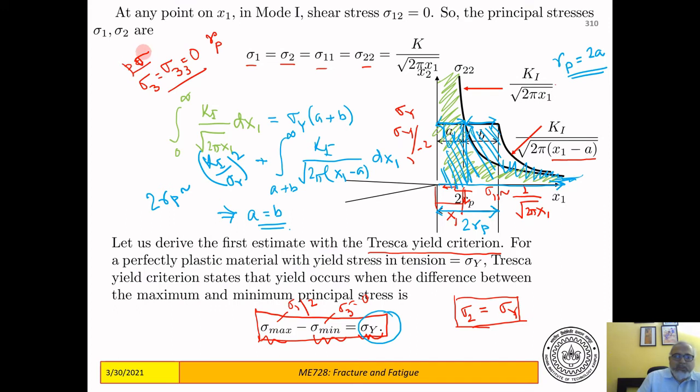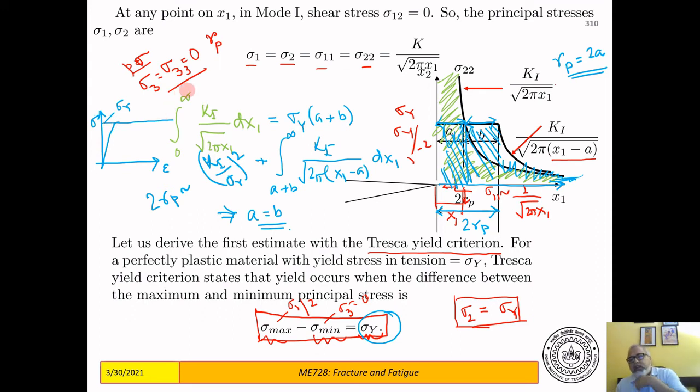To clarify it a little bit more, if you look at the stress strain curve of a perfectly plastic material, it has an elastic part, and then it has a perfectly flat stress strain curve, where the stress is equal to sigma y. Any stress state above sigma y is inaccessible to this material, and this is a perfectly plastic material.